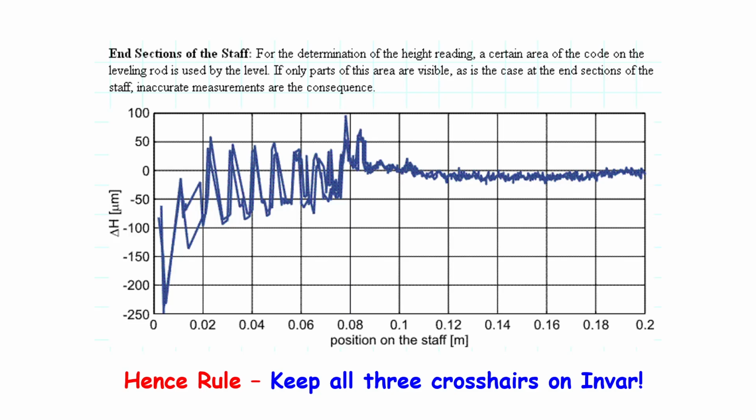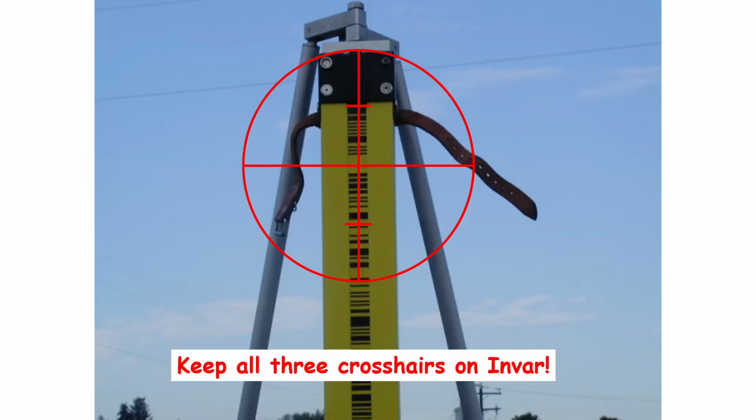And then Hans rule: keep all three crosshairs on INVAR. While the shoulder of a station is big, sometimes the elevation difference is also big, and we try to measure on the very end of the rod.